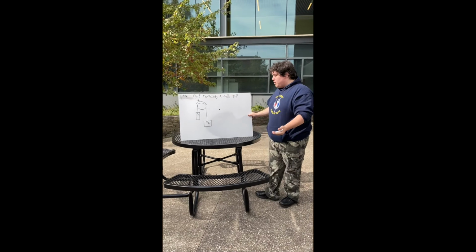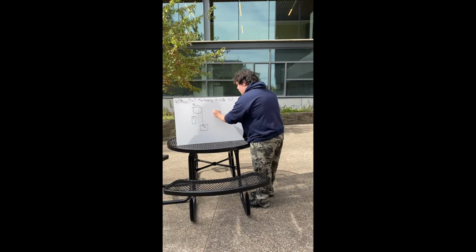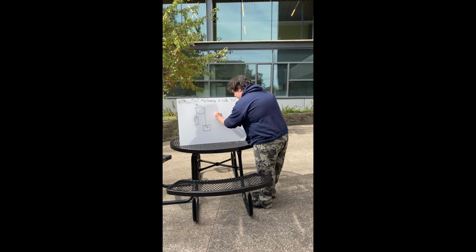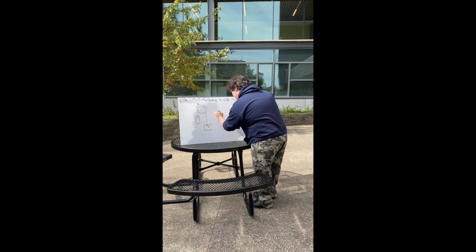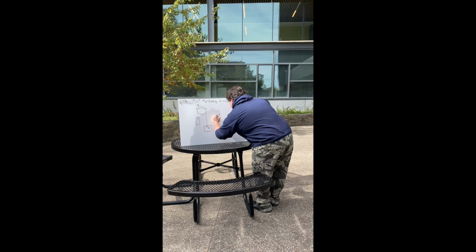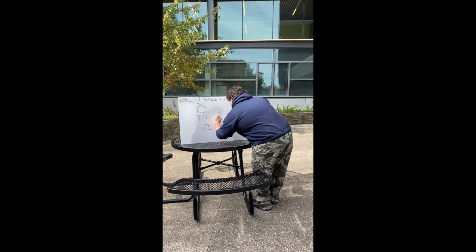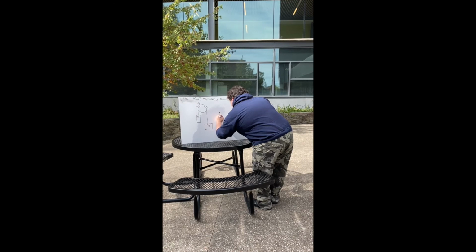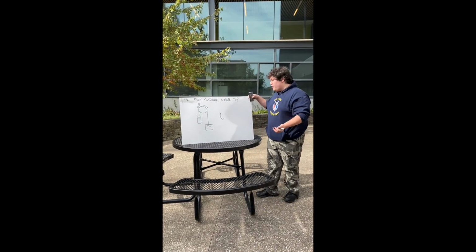So for mass 1, there's going to be a force going down because of the force of the Earth on the mass. And there's also going to be a force going up because of the tension from the rope.